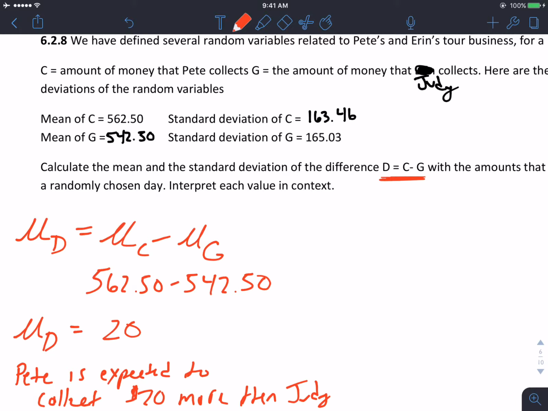The next thing they want you to do is we want a new standard deviation. From our rules, since these are independent, we could go ahead and plug them in our equations.